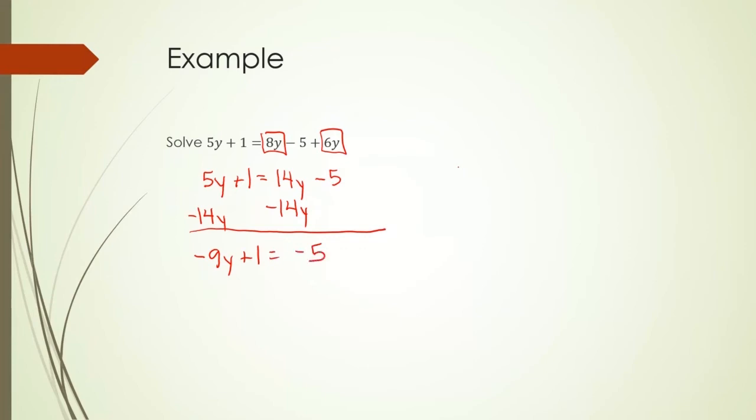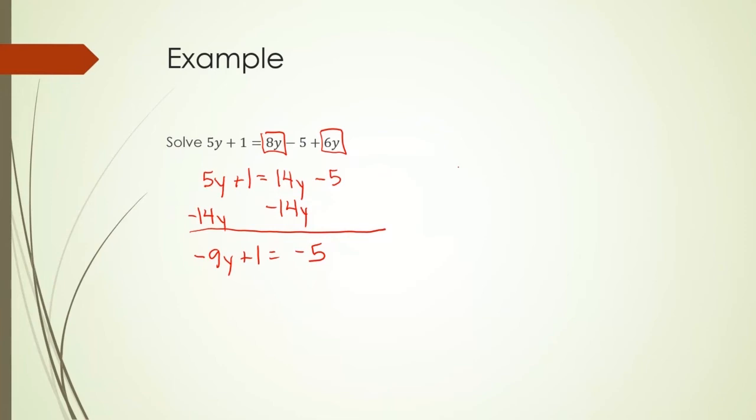It's good practice to try to do these things in your head, but if you try to do it in your head and you make an error, that's where your final answer might be messed up. So if you know you're not very good with doing 5 minus 14, use your calculator. There's no reason you shouldn't use your calculator, make sure that your arithmetic is correct.